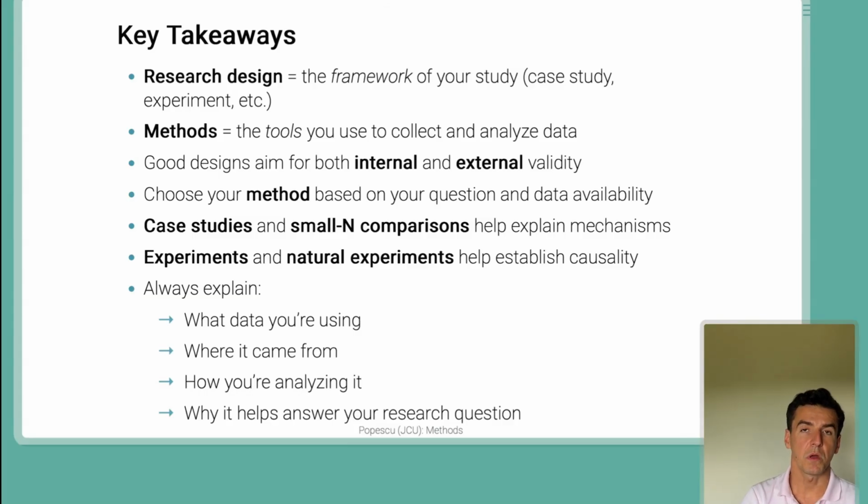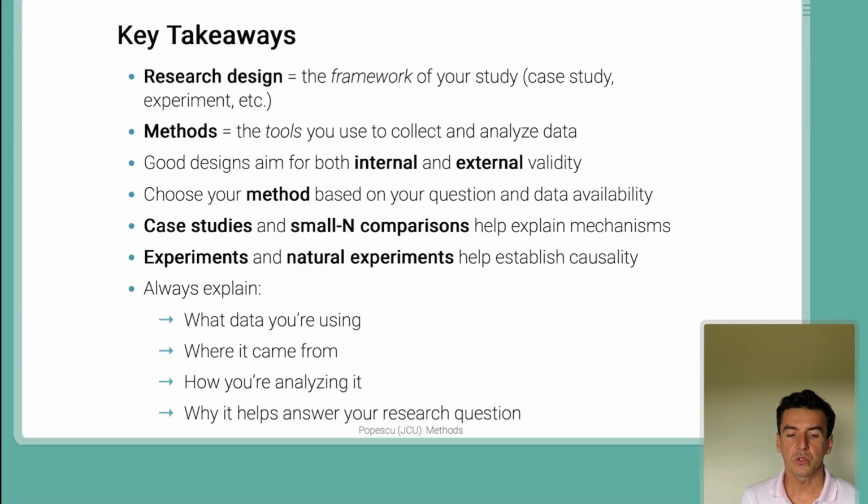It's important to remember that good designs have both internal and external validity. Internal validity has to do with the ability to make a causal connection between the independent variable and the dependent variable, whereas external validity has to do with the extent to which you can apply the insights from your analysis to other cases.